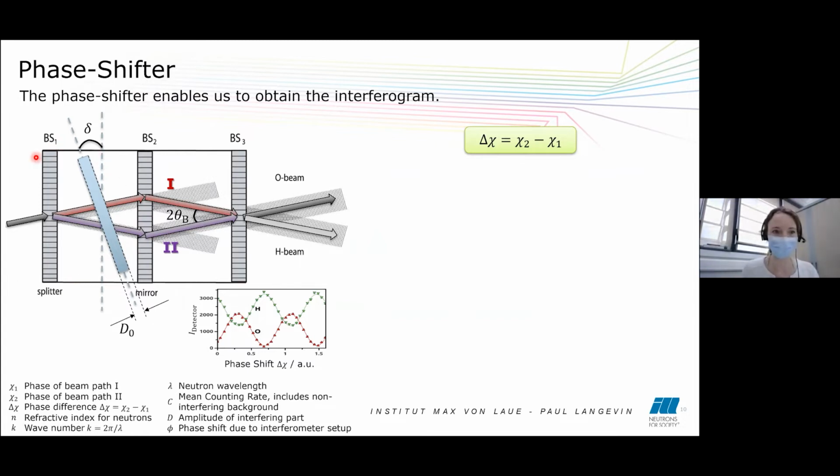And when the slab is rotated, the neutron beams on both paths move through different path lengths within the slab. And the difference between these path lengths in the slab for the different neutron beams can easily be calculated from the thickness of the slab, from this angle of rotation here, and from the incident angle, and is given by this equation.